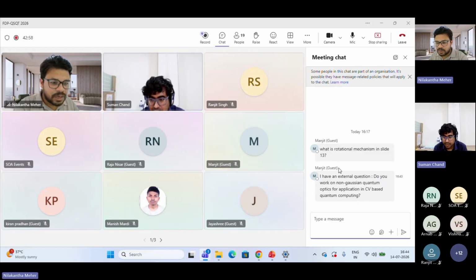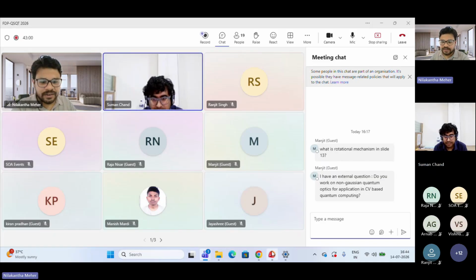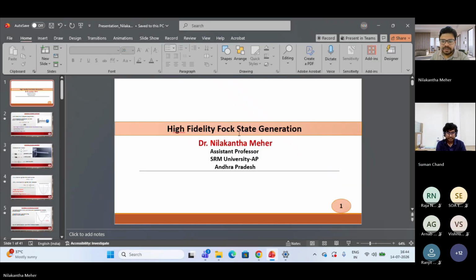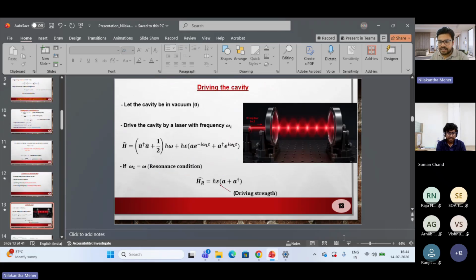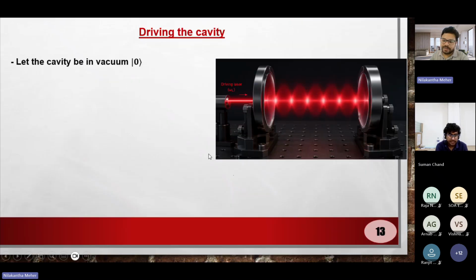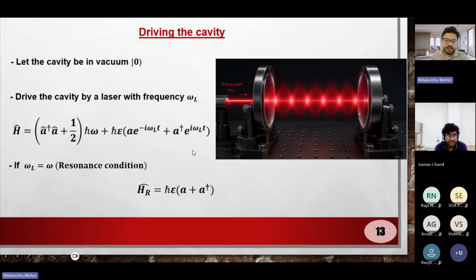Question: what is the rotating frame on slide 13? Essentially, in the rotating frame, the laser frame, we see how it looks. Experimentally, I don't know. Generally they say rotating frame, but from my perspective this is a mathematical simplification.